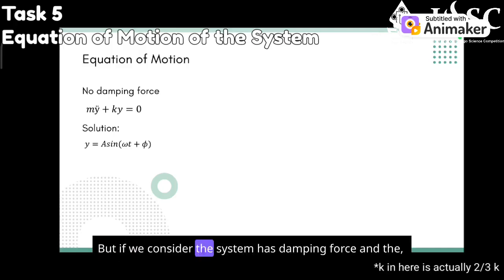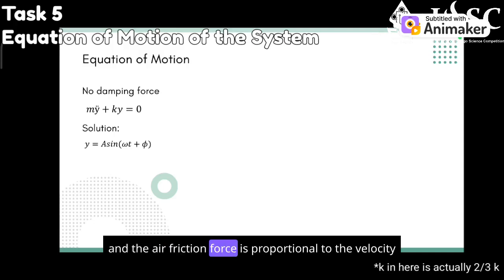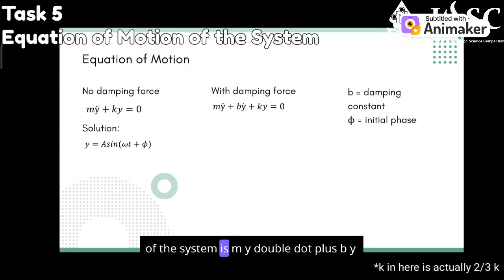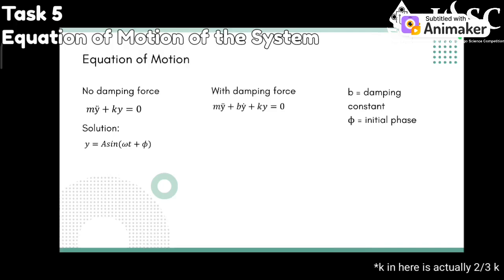But if we consider the system has damping force, and the air friction force is proportional to the velocity of the system, then the equation of motion is m y double dot plus b y dot plus k y equals 0.